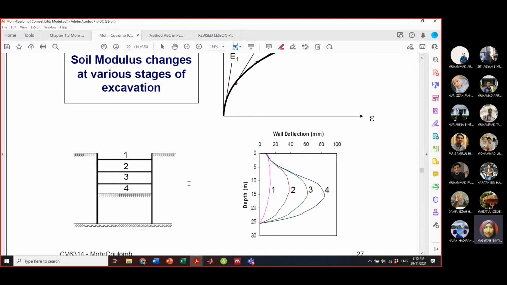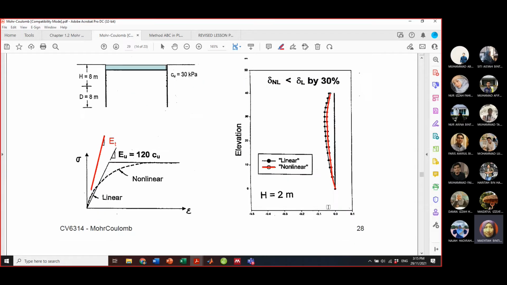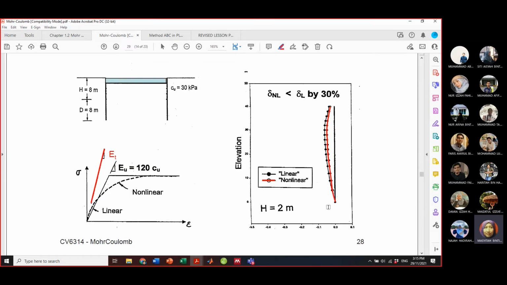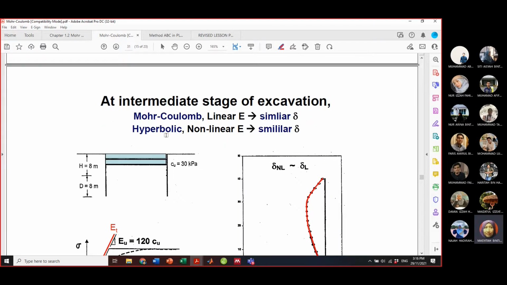As well as you may see that it is estimated at excavation number 4, there is a maximum wall deflection around 80 millimeter. So what happens if you model and simulate for different constitutive soil model, for example, Mohr-Coulomb and hyperbolic, at intermediate stage of excavations?